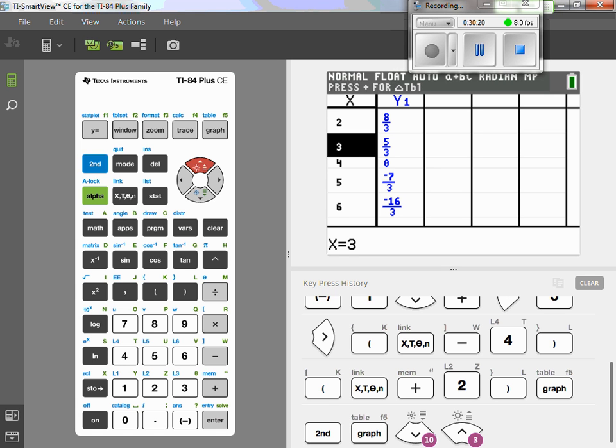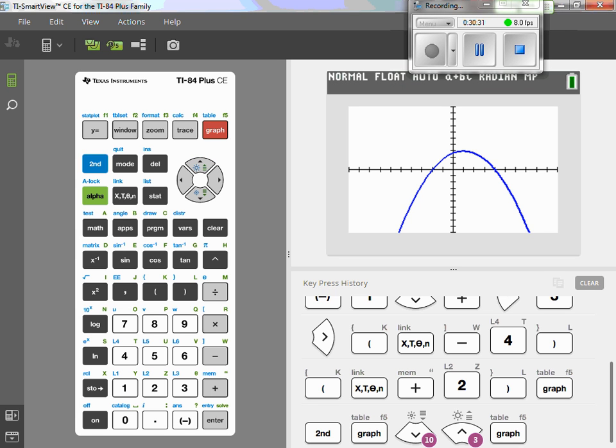We found them by looking at the table. Your table should be up already, yes? Because we're looking for where y is 0. And we found them. Now, another way we can look at this and get an idea where they are is when I look at the graph. I see I should have one over here and one over here. And it gives me an idea of where they're at.